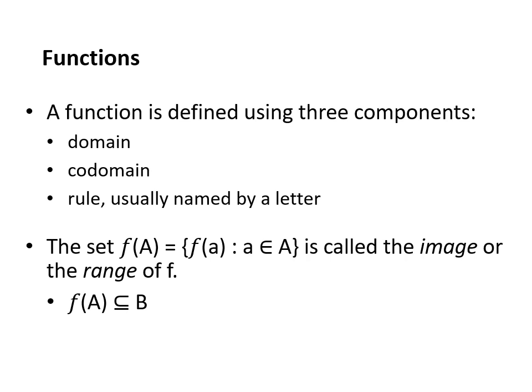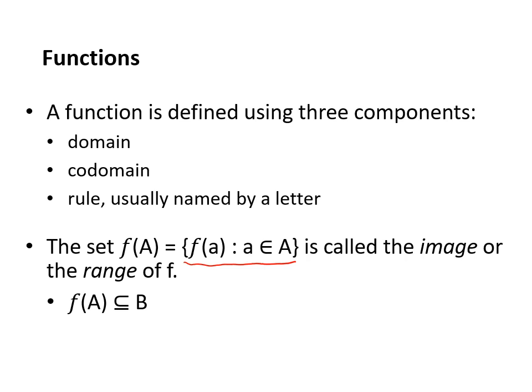The set F of A, which is equal to F mapped to a, where a is an element of A, is called the image or the range of F. And note that this image or range is a subset of B. So basically, the codomain includes all elements that F can map to and more.